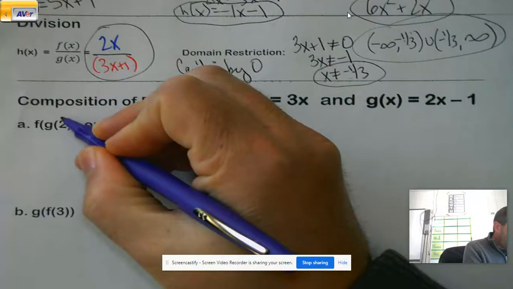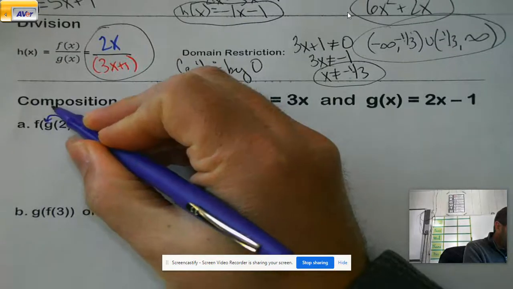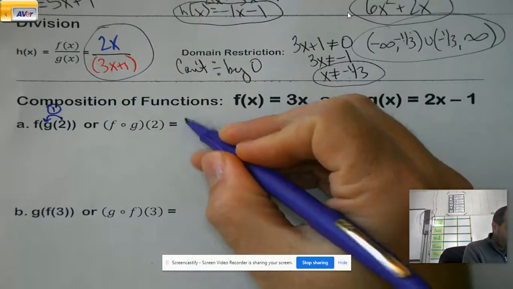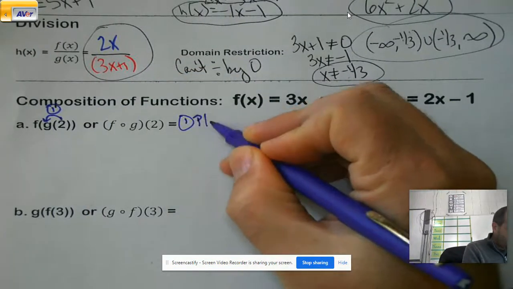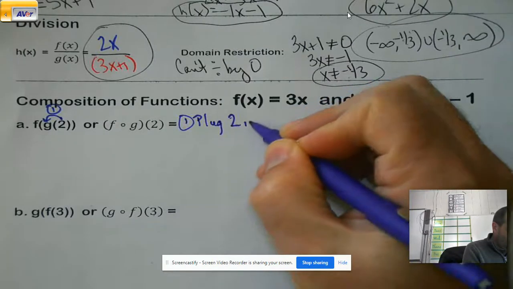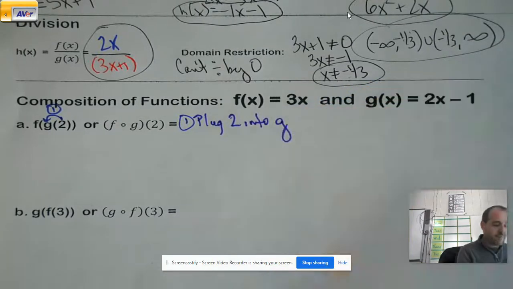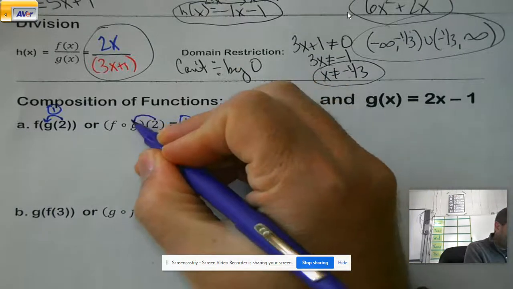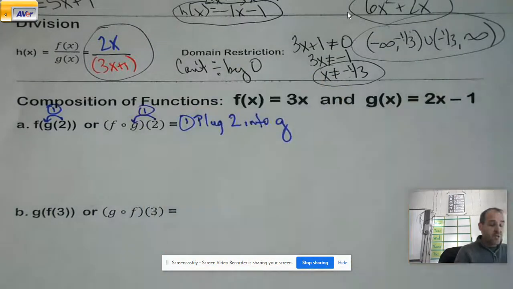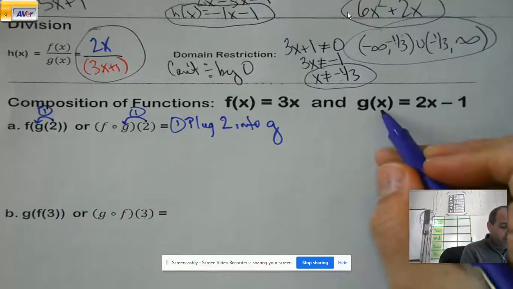What I'm going to do first is plug 2 into g. Okay, so plug 2 into the g function. That's true even if I'm doing it here, because g is the first letter that shows up. So here's my g function.